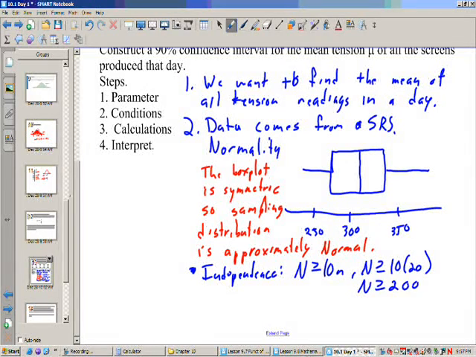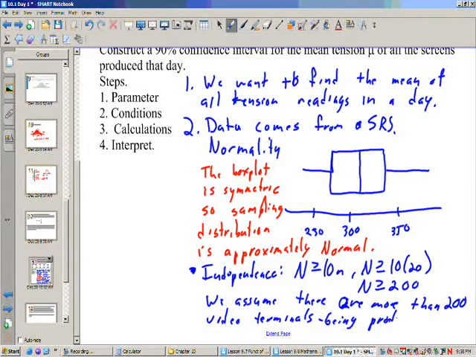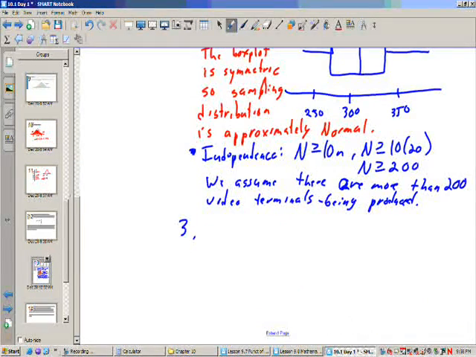So we'll just have to make a statement that says we assume there are more than 200 video terminals being produced. Alright, so now we can move on to our calculations.